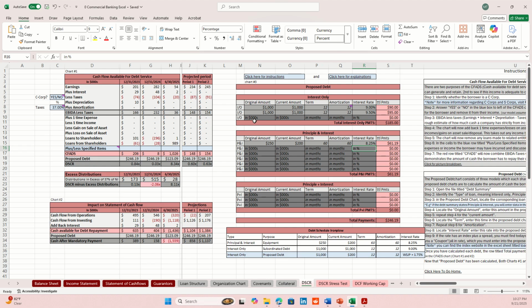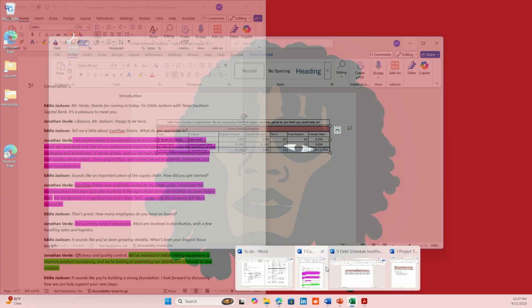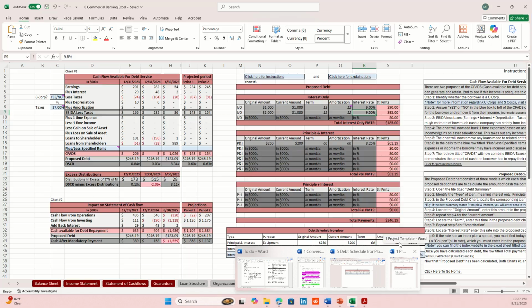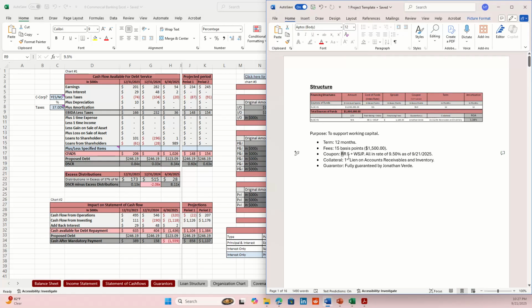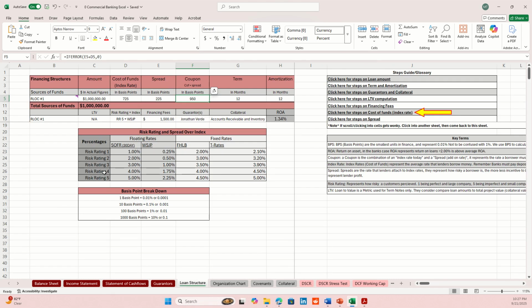Remember, you guys are going to have to pull, like this says Wall Street Journal Prime plus 1.75, but we know from the loan structure that this is a risk rating 5. It's a risk rating 5. So we're not going to do 1.75. 1.75 is a risk rating 4. We're going to do a risk rating 5, 2.25.